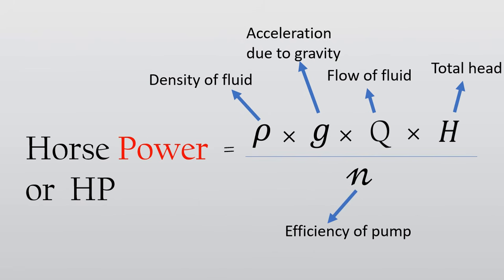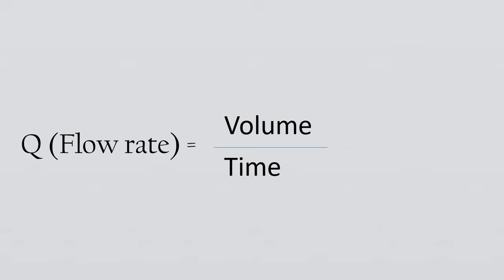We will see how to find each term here. As we know, here density of fluid means density of water, which is 1000 kg per meter cube, and acceleration due to gravity is 9.81 meter per second square. For flow rate, as we know, it is equal to volume upon time.